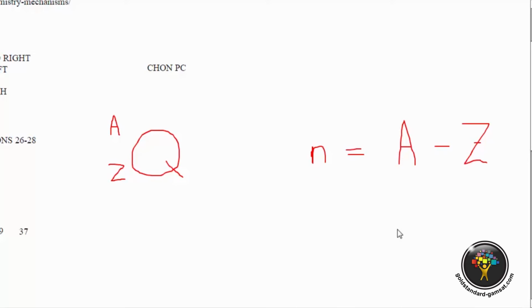For succinic acid, we get C4H6O4. So I think everybody gets that.